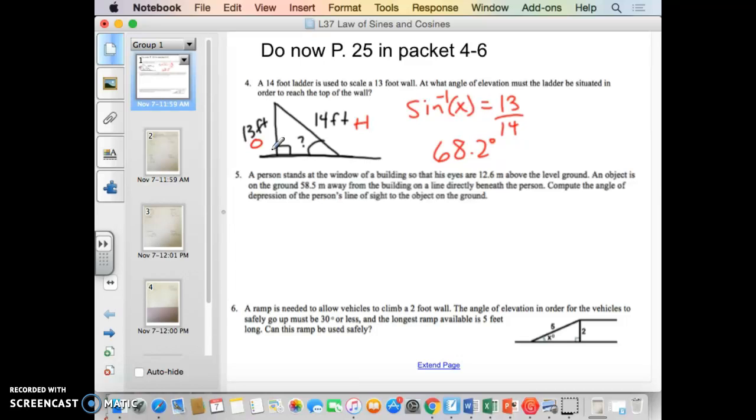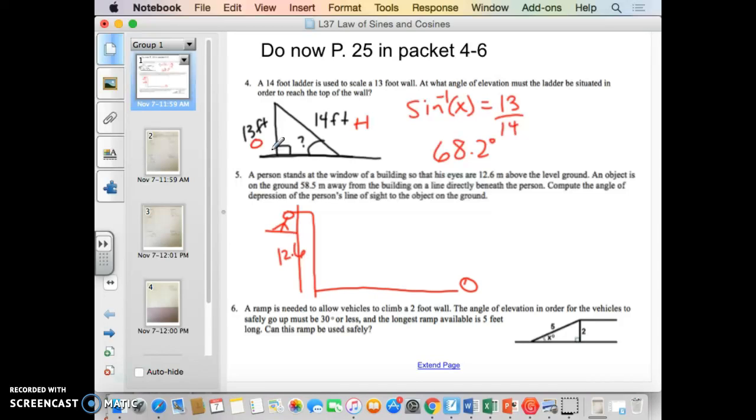All right, number 5, it says a person stands at a window of a building. So here's the person in a window, and their eyes are 12.6 above the ground. An object is on the ground.